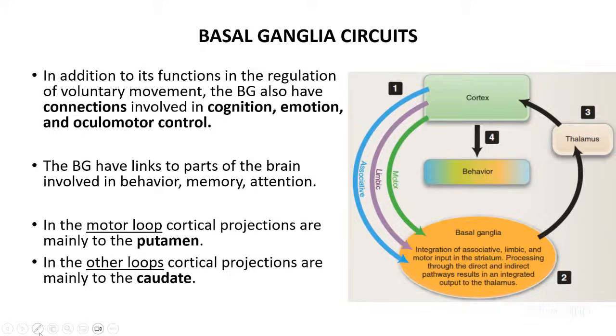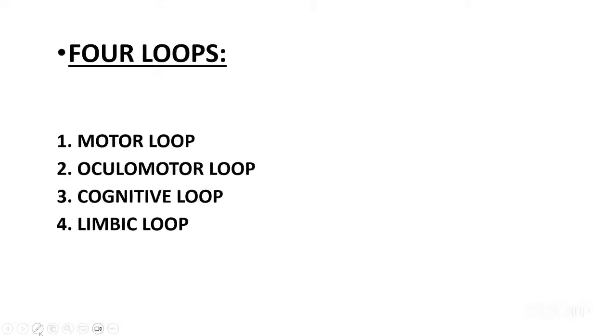Then coming to basal ganglia circuit. Next slide. There are four loops: motor loop, oculomotor loop, cognitive loop, and limbic loop. These four loops are concerned with various functions of the basal ganglia. So first is motor loop.